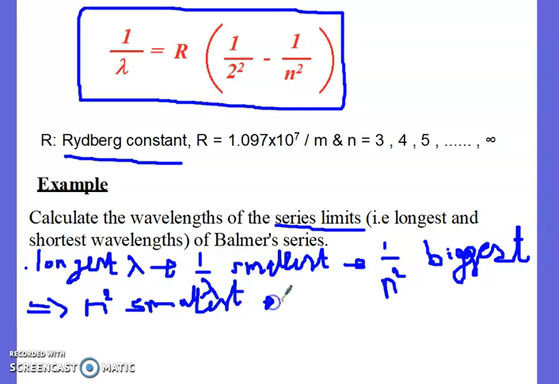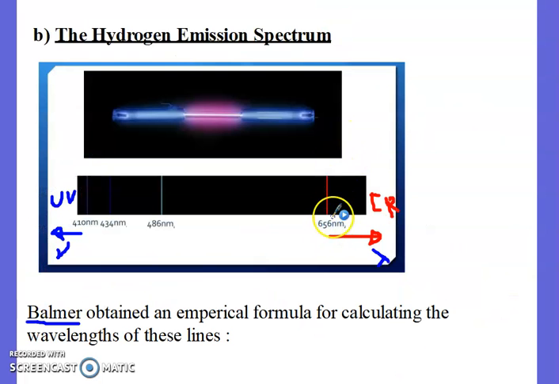Implies n equals 3. So if you do the calculation, means replace here 3 and replace the value of R, you get lambda equal 656 nanometer. You obtain the wavelength of this color.